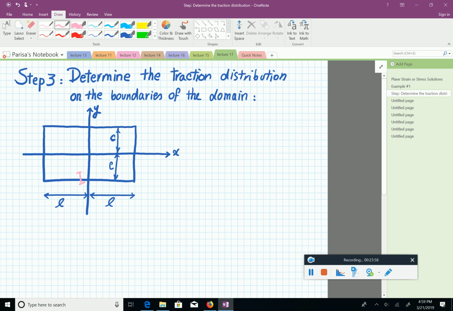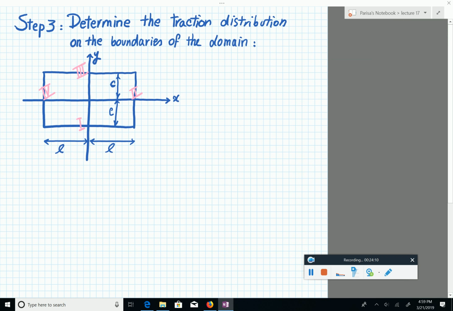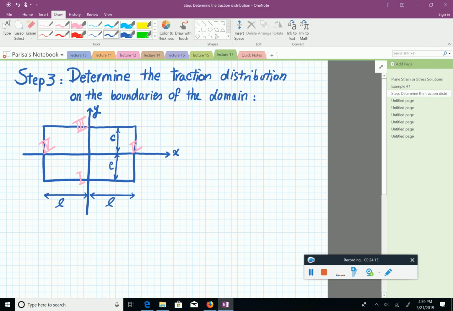So 1, number them, 2, 3, 4. Okay. So for the purpose of drawing here, let's assume that this constant A02 is positive.